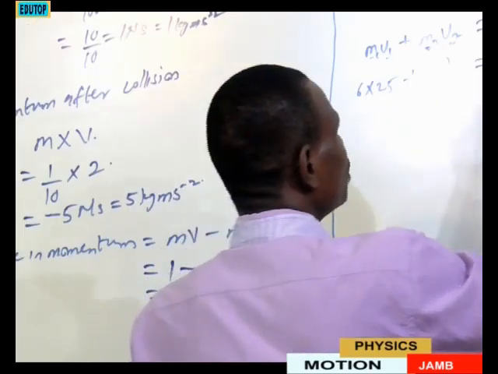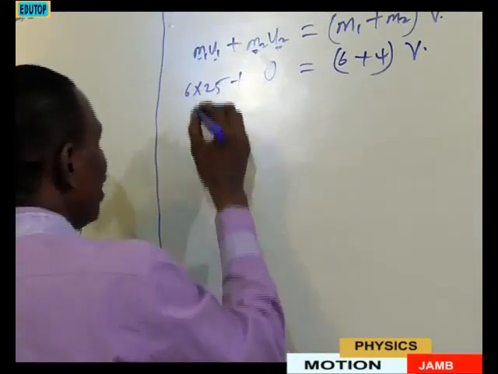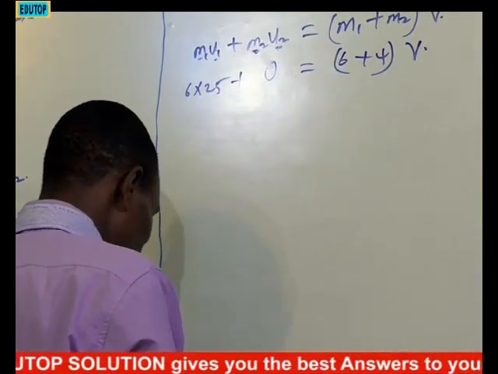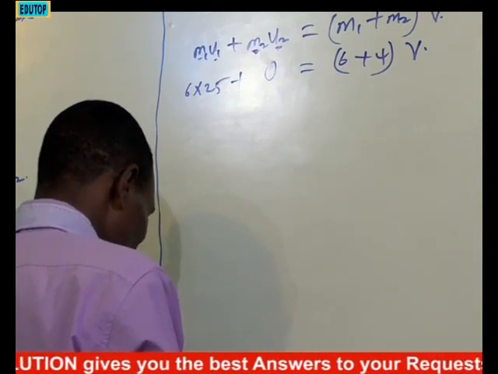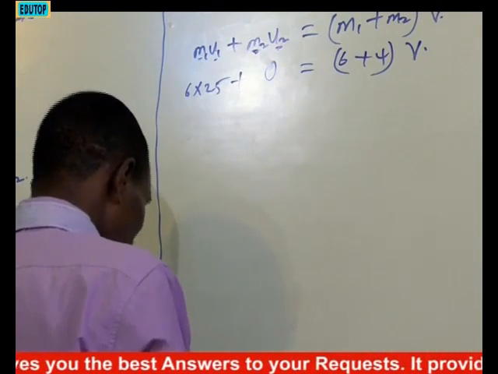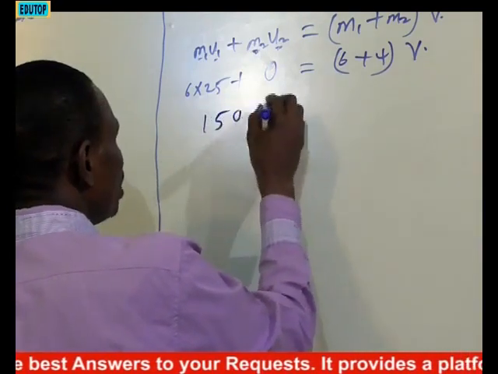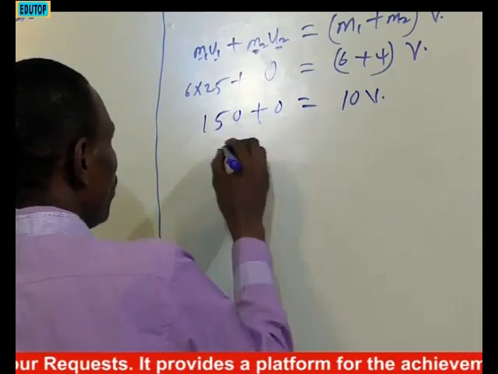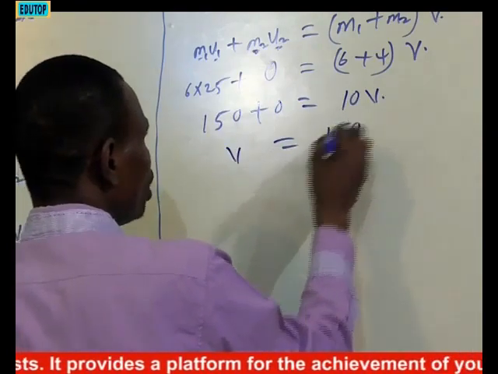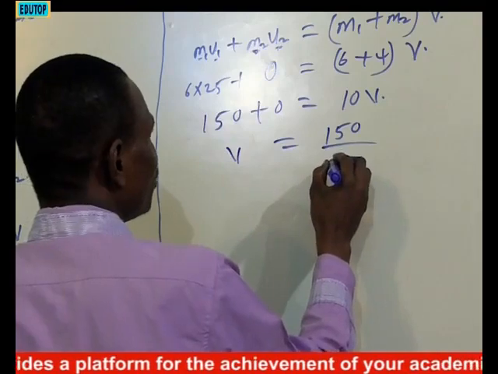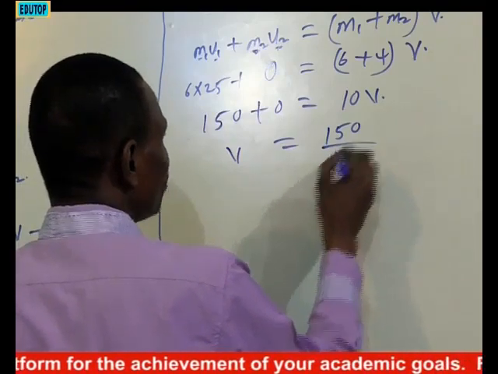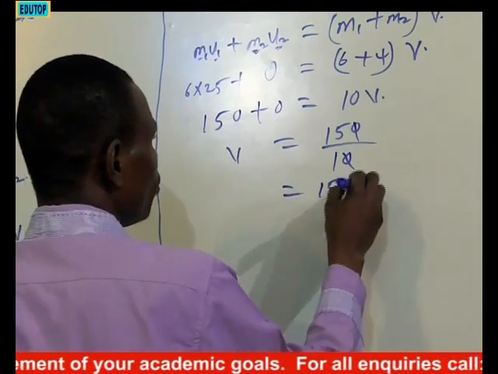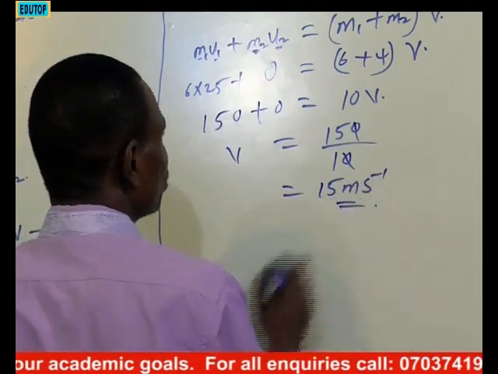So we are going to have 6 plus 4, then 6 times 25. 6 times 25 will give us 150. 150 plus 0, then 10 times V. V will be equal to 150 divided by 10. And what we are having here is 15 meters per second.